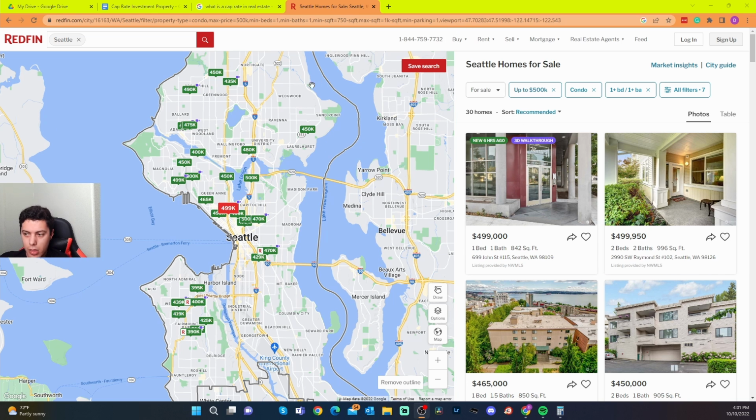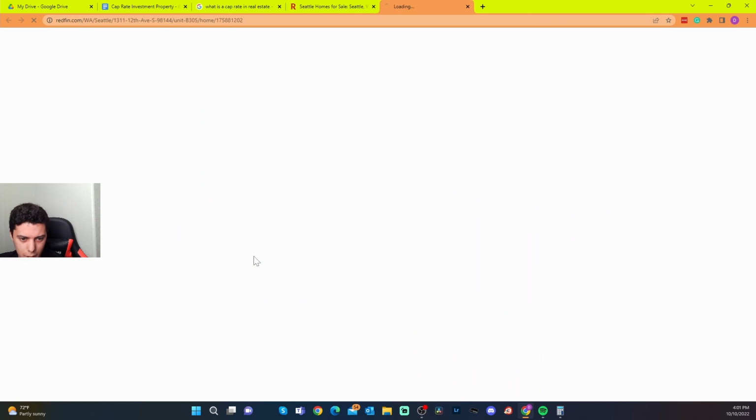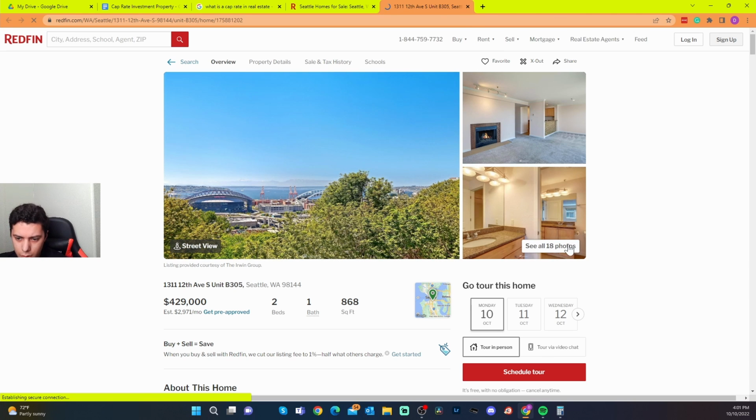When you go on the site, basically you're just looking at the prices and the pictures. That's what you want to do. So let's look at this one. It's 2 beds and 1 bath. You just look at these photos.